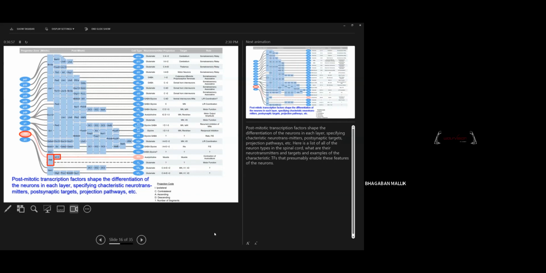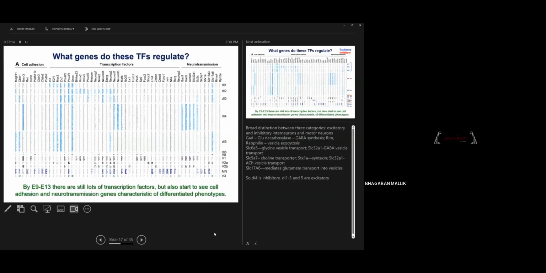So post-mitotic transcription factors shape the differentiation of the neuron in each layer. Each layer has different types of transcription factors and different types of neurons. So see how diverse it is to differentiate into different cell types. This is just one example I have shown. Not only different types of transcription factors are present during the development of the neuron, you also have different sets of other genes expressed at this stage, which regulate neurotransmission and cell adhesion molecules, like the cell adhesion molecules presented here.